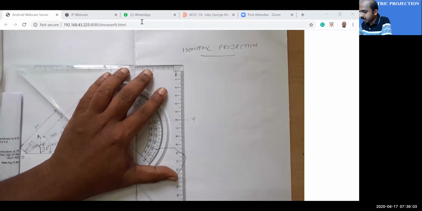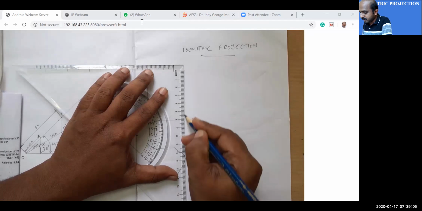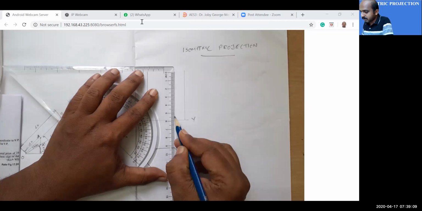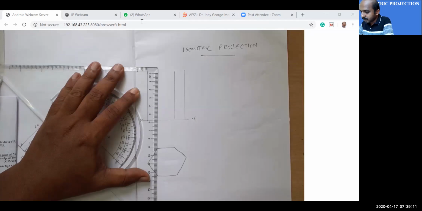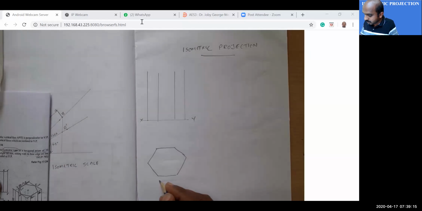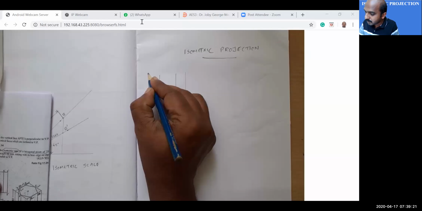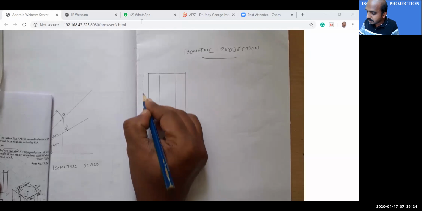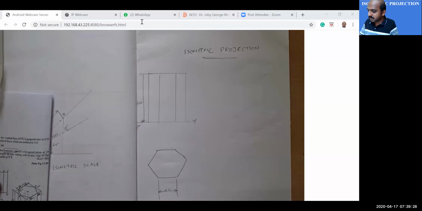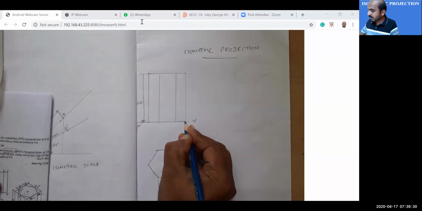So project from here. Height is equal to 60. This is 25 and this is 60.